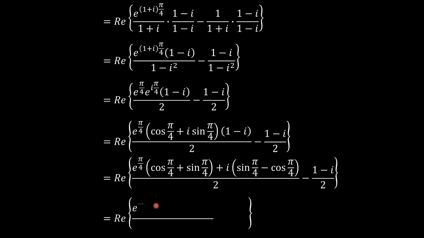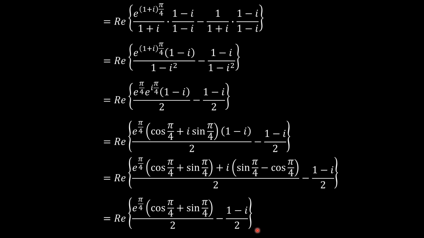And so we have the real part of e to the pi over 4 times cosine pi over 4 plus sine pi over 4 over 2, minus 1 minus I over 2. From here it's very quick to see that the only imaginary component is this negative times negative, positive. In other words, 1 over 2 is the imaginary part.